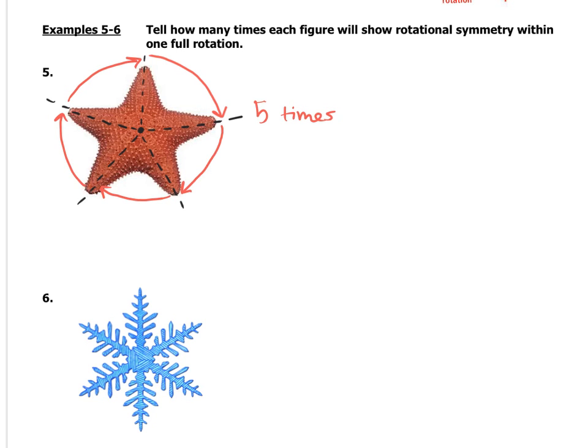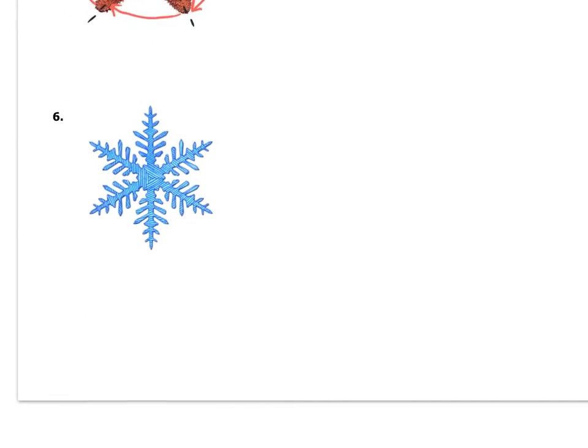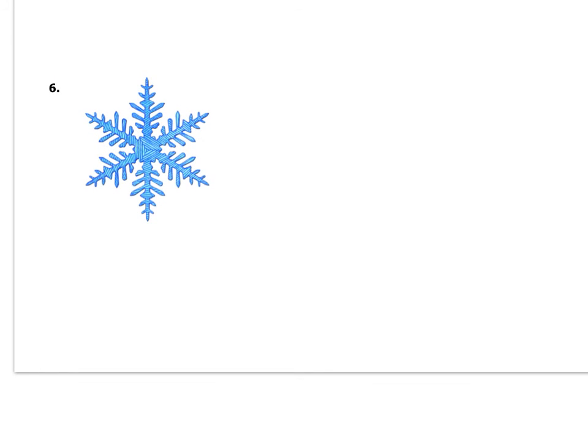Okay, finally in number 6, I have a picture of a snowflake. So I'm going to do the same thing. I'm going to draw the center of the snowflake and then extend some imaginary lines out. And so now I want you to ask yourself, how many times can you rotate this snowflake so that it appears the same as it does now?